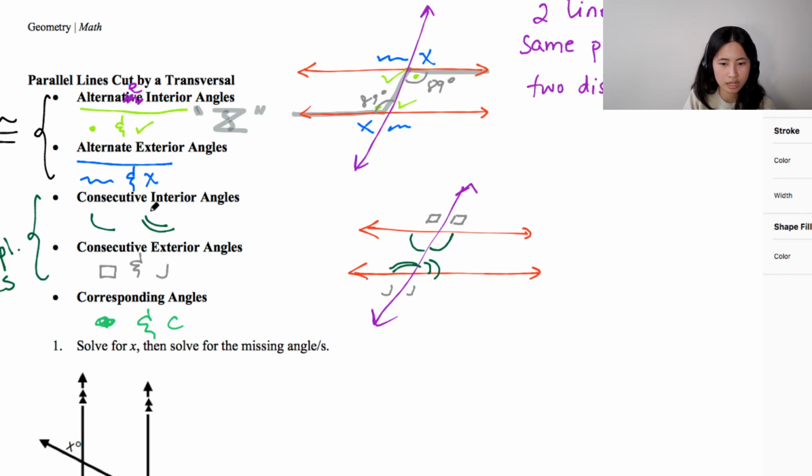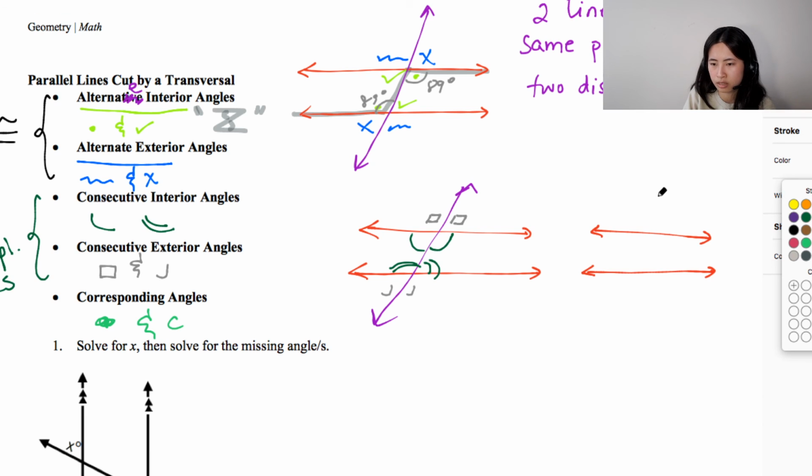Again, consecutive interior angles are basically this. They're supplementary angles, and consecutive exterior angles, you have this, and they're supplementary because they form a straight angle. Okay, so let's proceed to corresponding angles. Let's just draw another one, because I think it just gets very confusing. Okay, there we go. And this is the purple one.